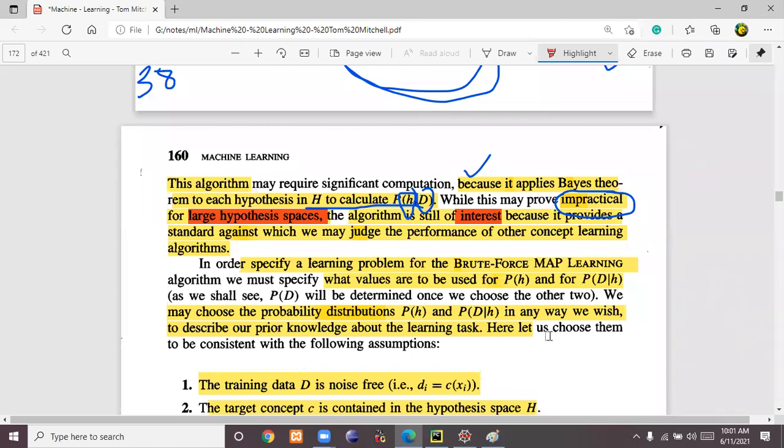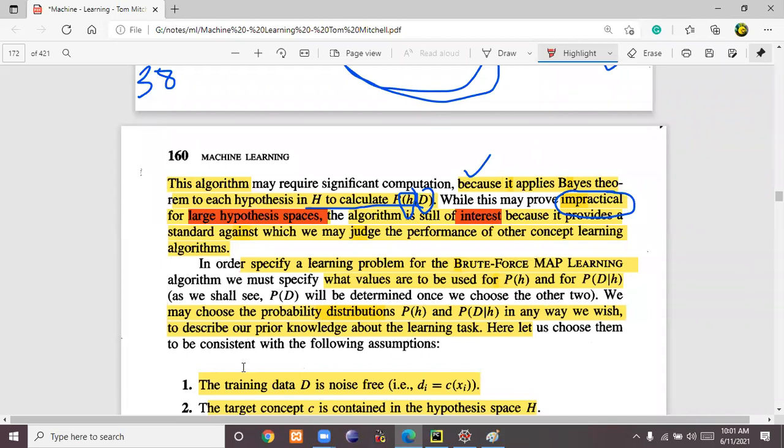For every hypothesis, you take the initial probability, at the same time you get the posterior probability, and among all the probabilities you get the MAP. In that MAP, again, you calculate the maximum likelihood hypothesis.